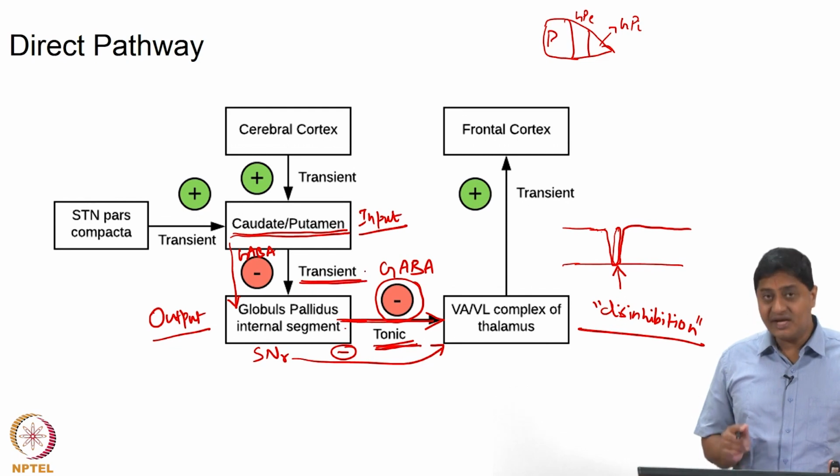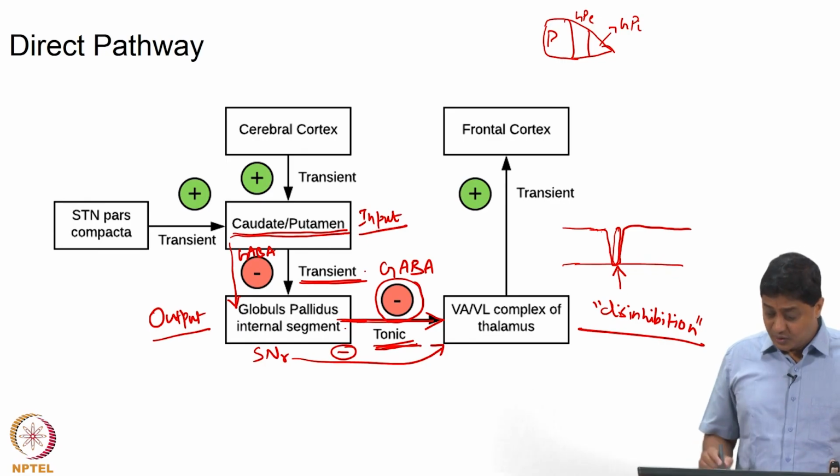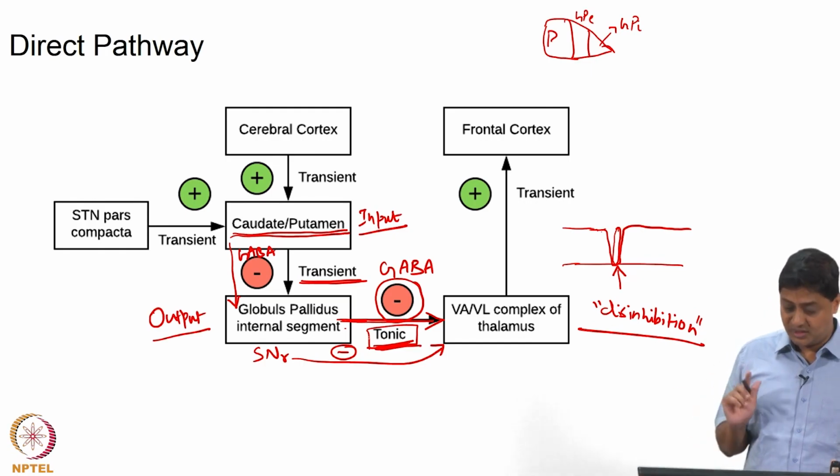Because striatal inputs to the globus pallidus internal are transient, whereas globus pallidus input to the thalamocortical neurons is tonic, right. So, this inhibition is tonic, very important to remember. The inhibition from GPI is tonic.